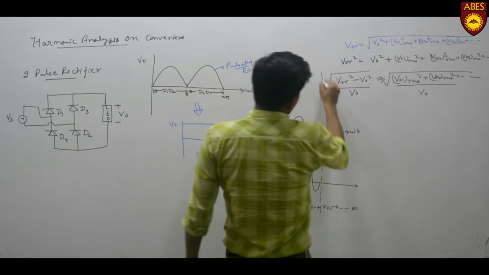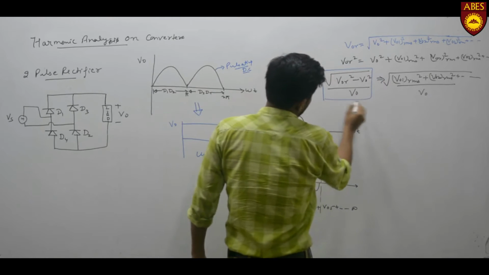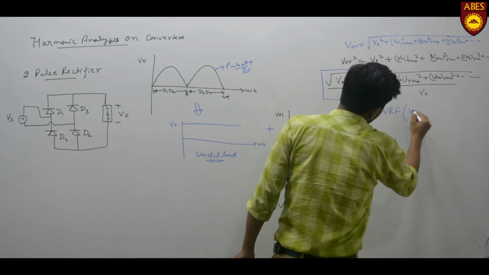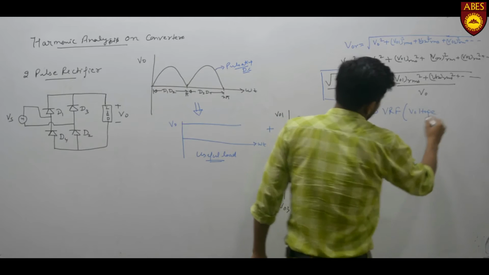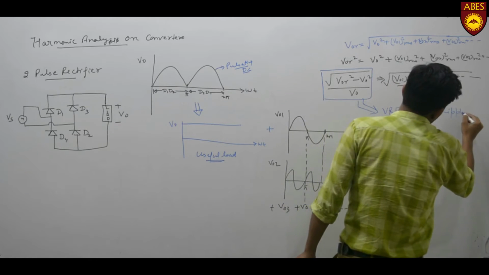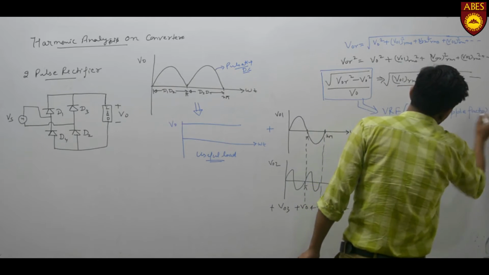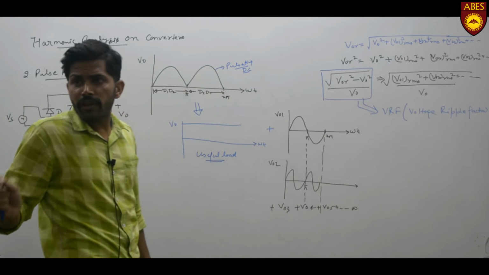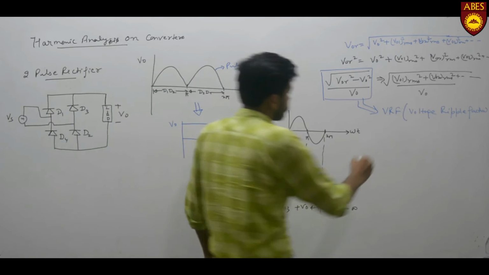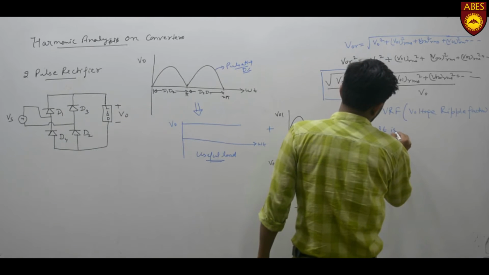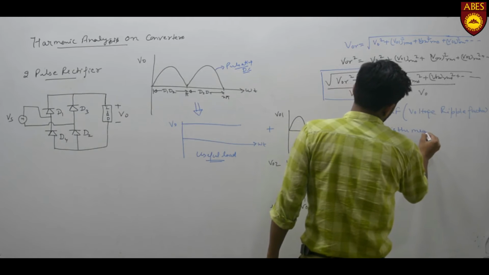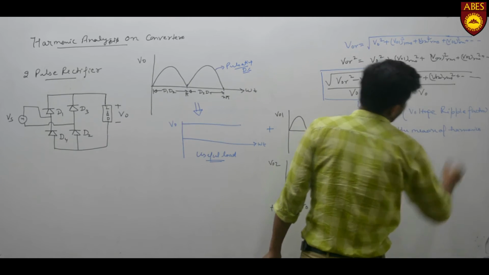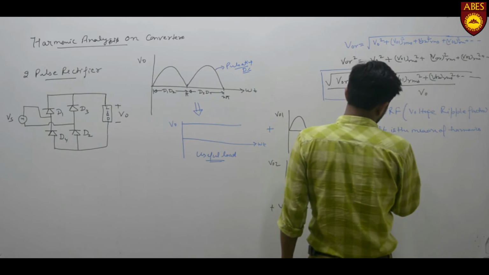That term is our voltage ripple factor, VRF. What is voltage ripple factor? It is the measure of harmonics or ripples on the DC side of the converter.